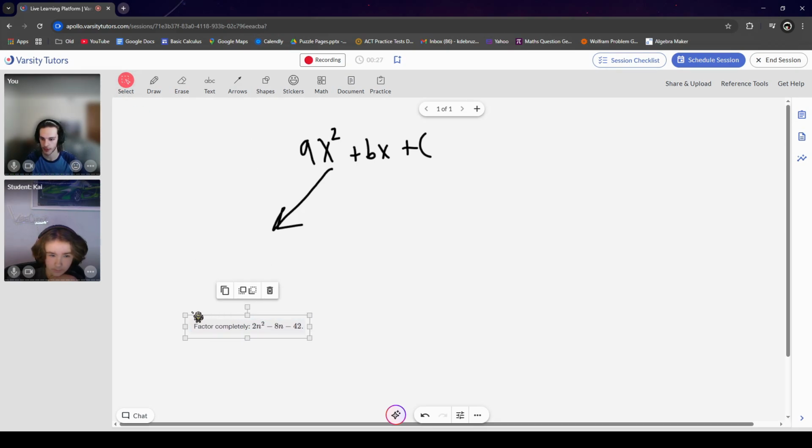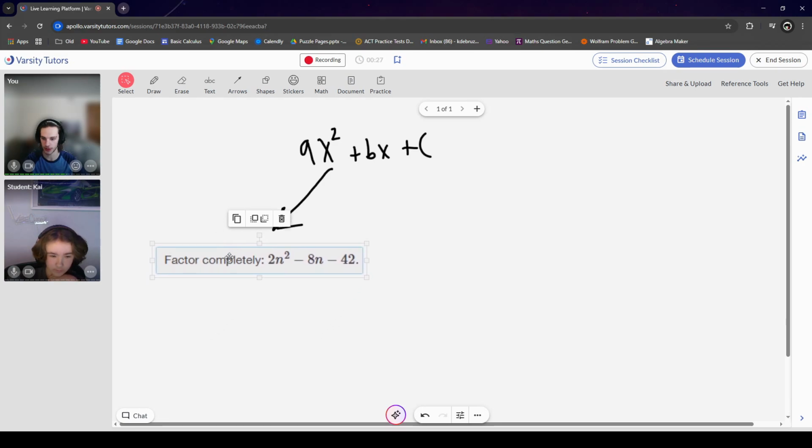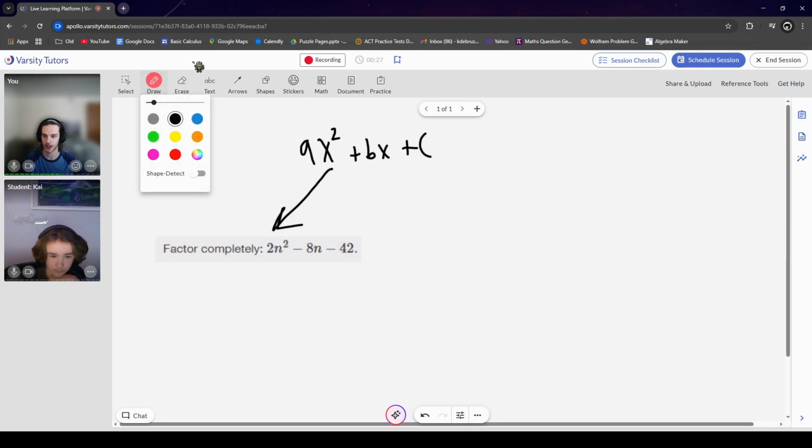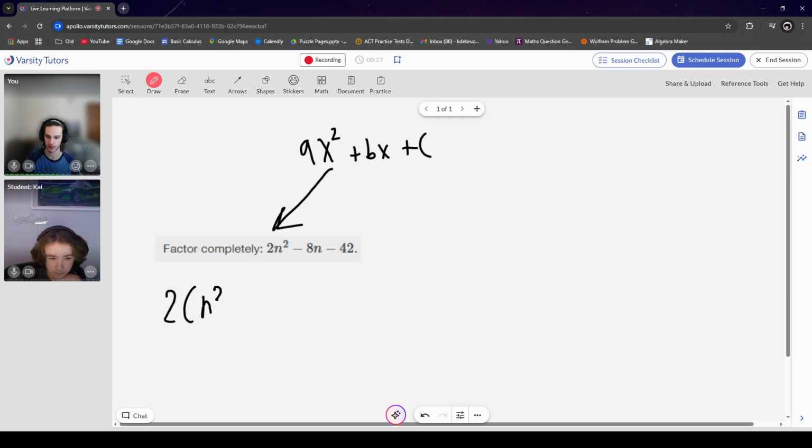This is an example of one that we can factor by greatest common factor. Both of these terms share a 2. Do you agree? Yes. So then we can factor out this 2. Then it'll become n squared. What does minus 8n become?